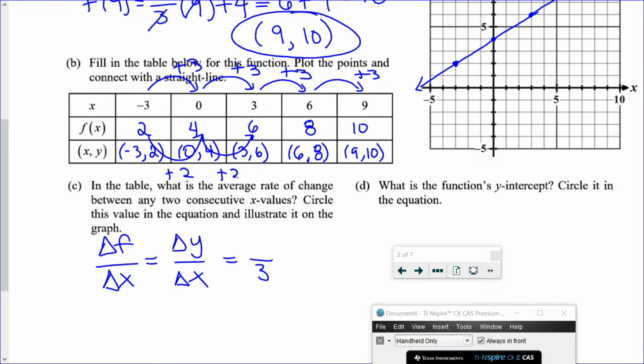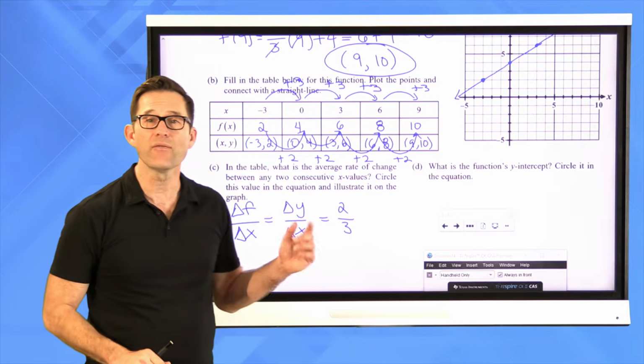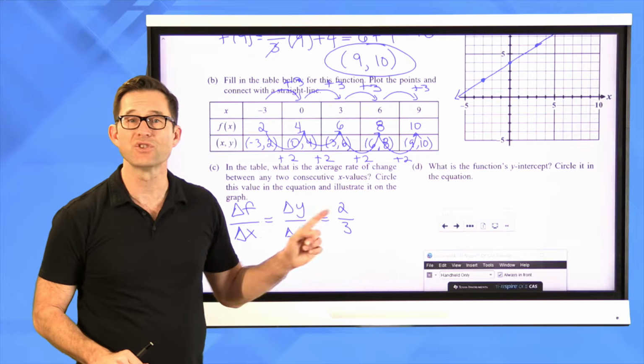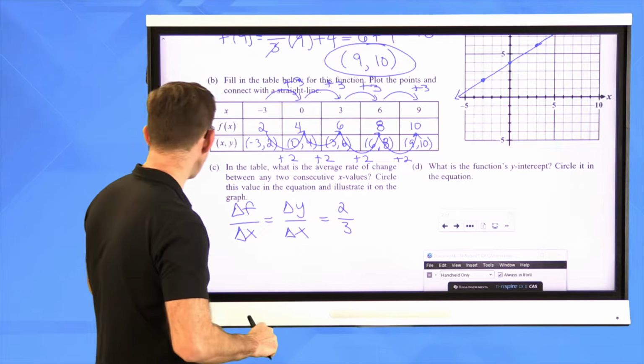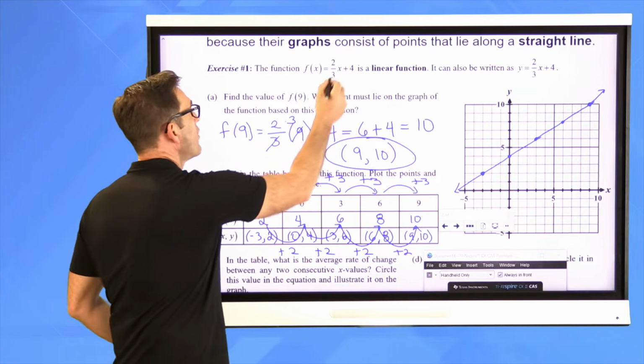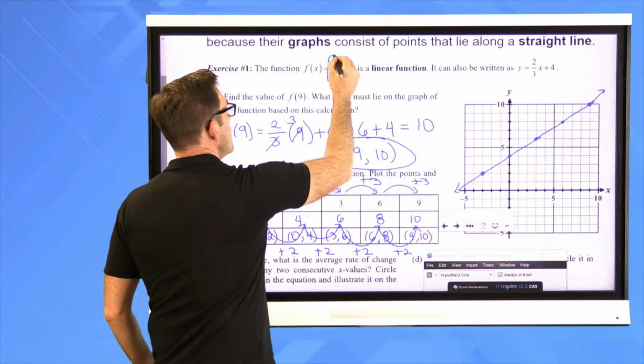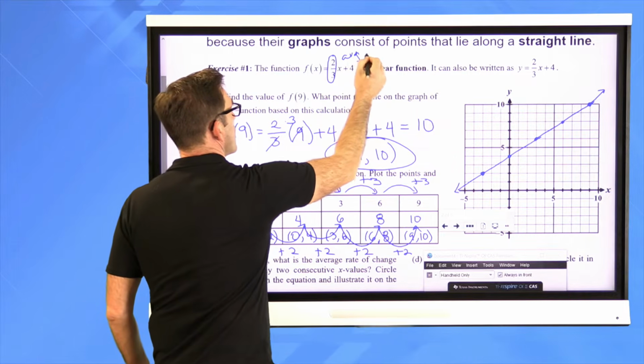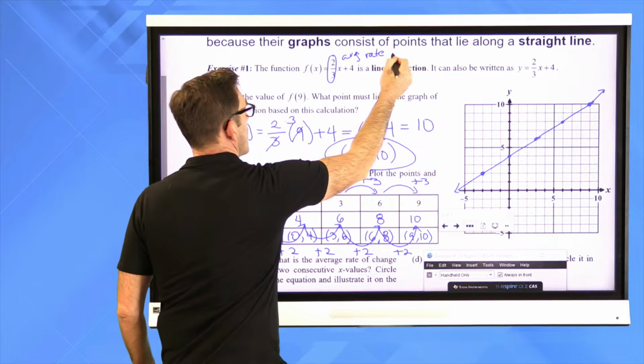So my change in y, please excuse the fact that I'm drawing through the coordinate points, each time y increases by 2. So my change in y is 2. So my average rate of change in every single one of these intervals is 2/3. And we see that in the formula itself, right? There it is. There is the average rate of change.